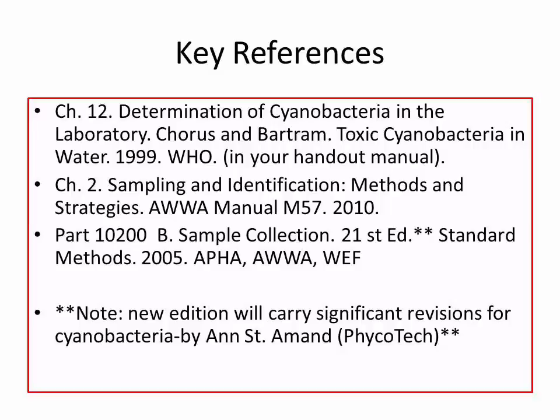And again, if you're members of AWWA, I think you all got a copy because you pay a lot of money for membership. But if you have to buy one, they're a couple $100. But it does cover most of the issues with regards to algae and does focus a bit on cyanobacteria.